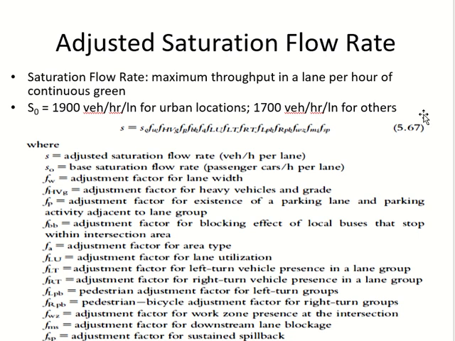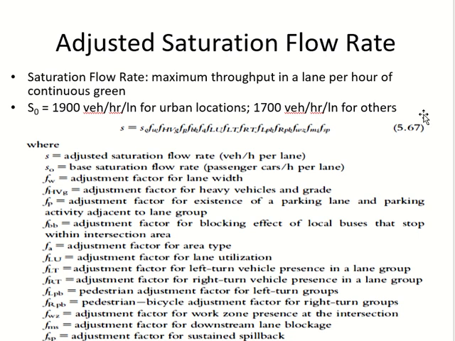When the queue from the next segment, the downstream segment, blocks the upstream intersection, this is called spillback. So you cannot move forward even if the signal is green. Clear?